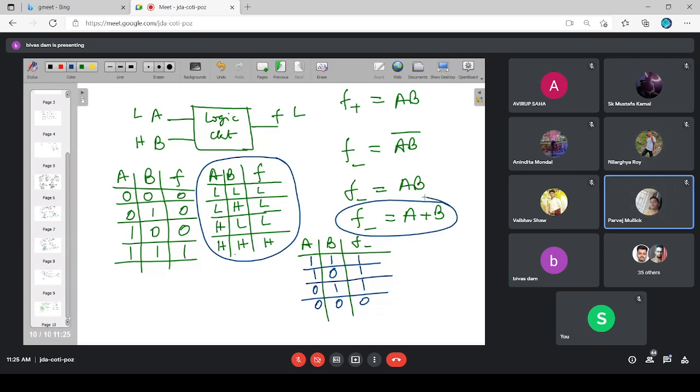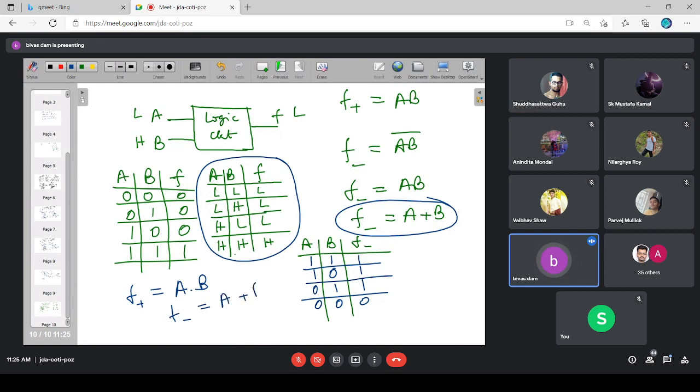OR gate. Okay. So in the positive logic system F was A dot B. What is the dual of A dot B? A plus B. So the F negative is nothing but the dual of the positive logic expression.